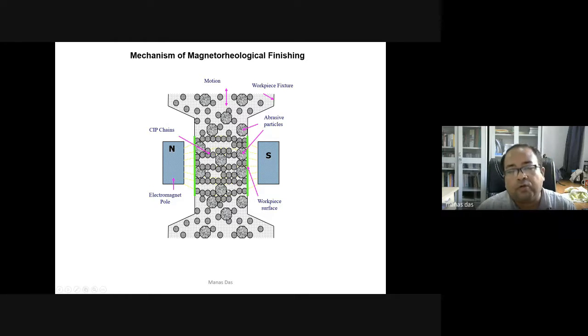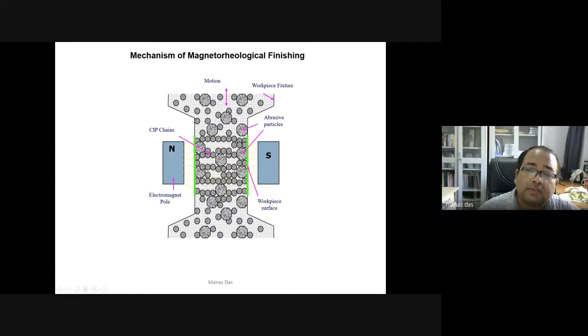If you flow this media through a cylinder, at the zone where you apply the magnetic field it becomes non-Newtonian. Without the magnetic field, this fluid behaves perfectly as a Newtonian fluid. You can see these CIP particles and abrasive particles are randomly distributed, but whenever you apply a magnetic field, it becomes a non-Newtonian fluid.